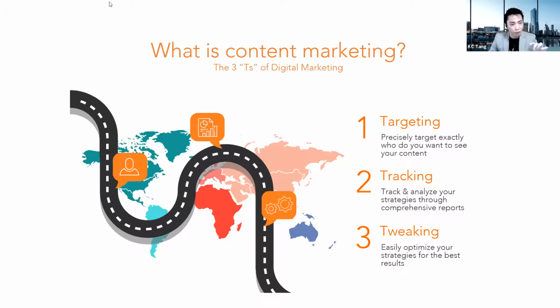Is this ad working? Which one is working, which is not? I can run different A/B testing. I can test different content, targeting different countries. Which one gives me a better readership or engagement rate? Everything could be tracked in the online environment. That is the good thing about it.